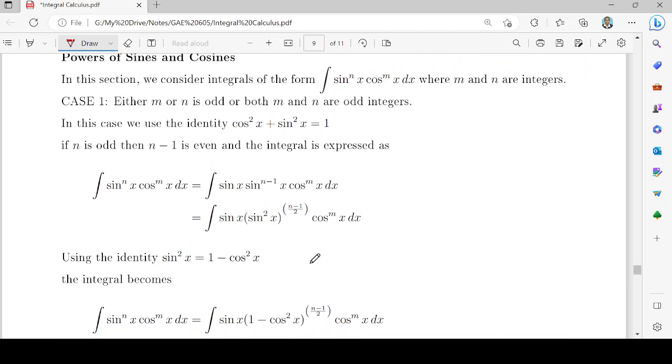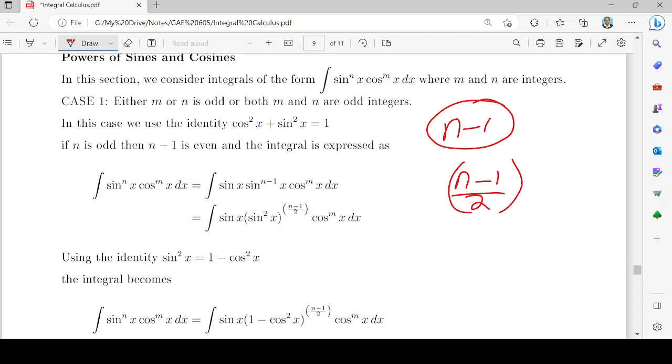So then if n minus 1 is even, then it is possible to divide this by 2 and get an integer. So it is possible to write this one as n minus 1 divided by 2. That one will be an integer because n minus 1 is an even integer.